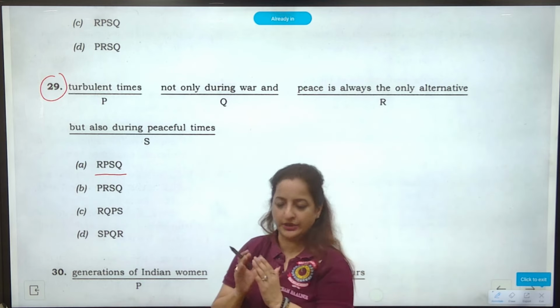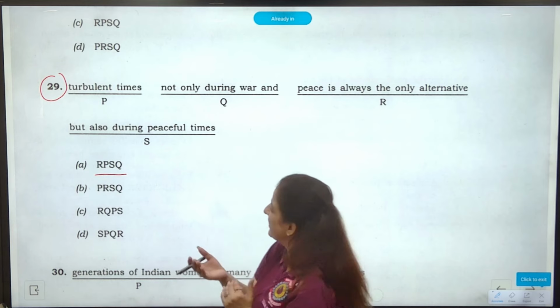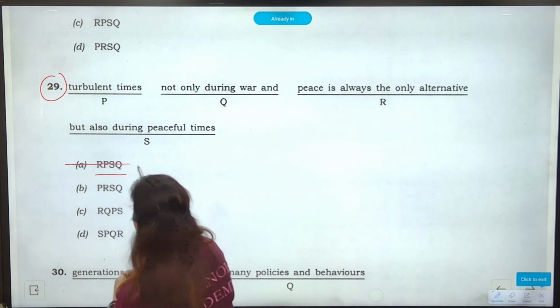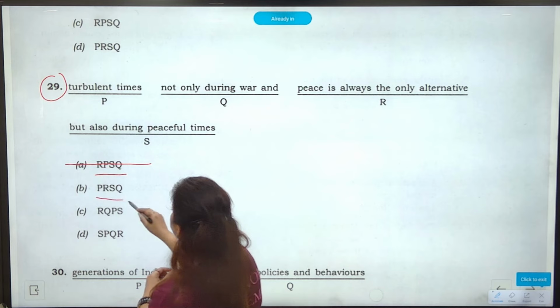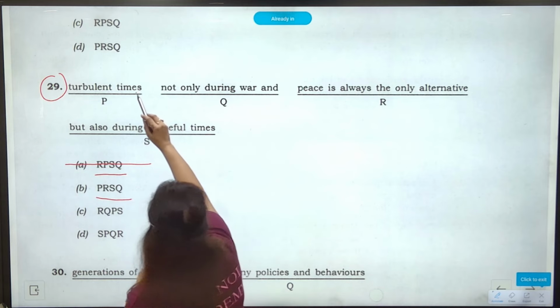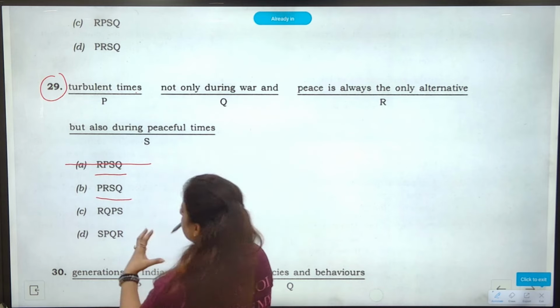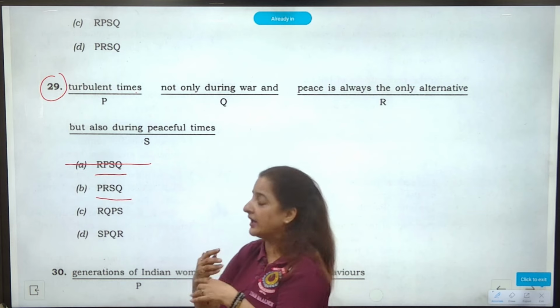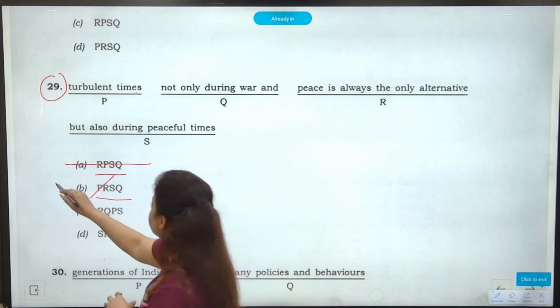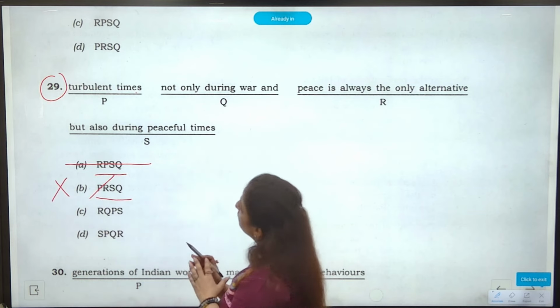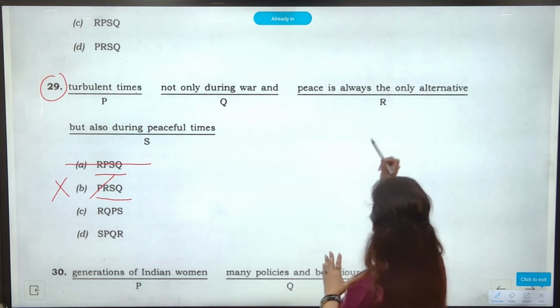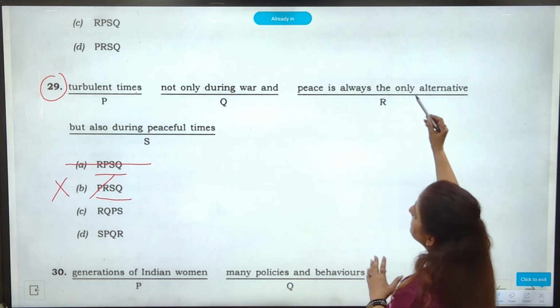A preposition is missing here. Alternative to something should be there, right? It doesn't make sense. Let's read this: PRSQ. Turbulent times. Peace is always. It doesn't connect with the verb. PR itself is wrong.